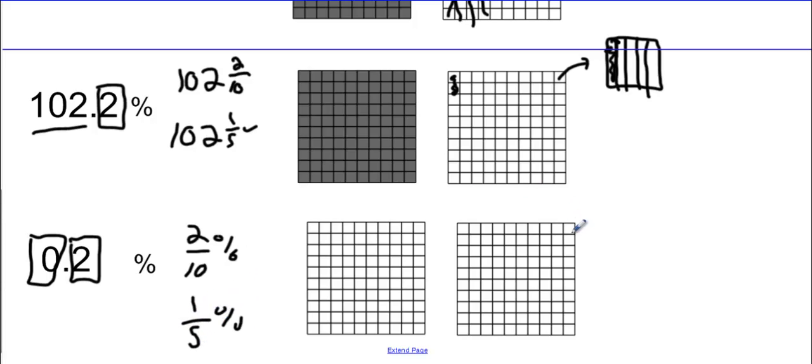So we're going to find 1%. We're going to make it big, and then we're going to split it into 5 pieces. We're going to go 1, 2, 3, 4, 5, and you're going to just color 1 in. So it's kind of like the one above, except we don't have the 102 before it. We just have 0, and we just shade that in.